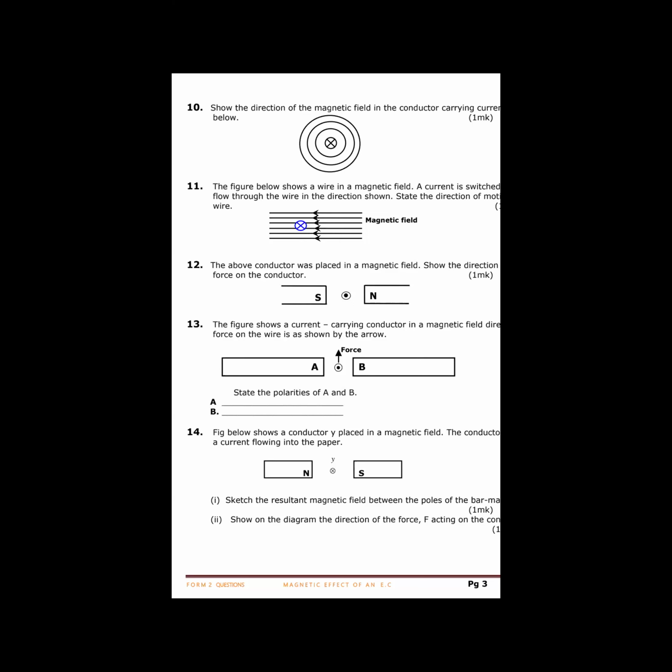Yes, we are in question number 13. So the second finger, which shows the direction of current, is pointing upwards.